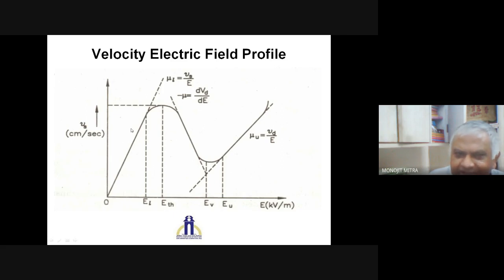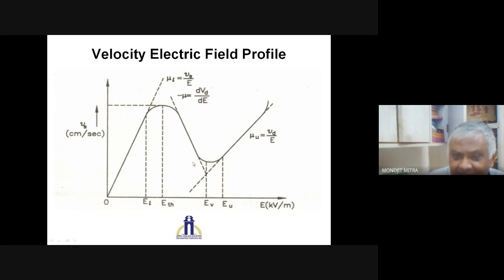So this is the velocity versus electric field profile, which tells about the mobility, and the mobility value is negative over the region where the device shows negative resistance, where the current decreases, because I told you the reason.